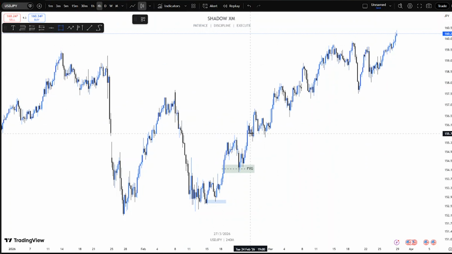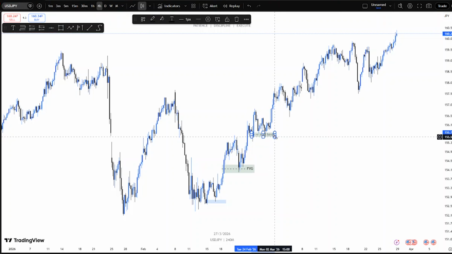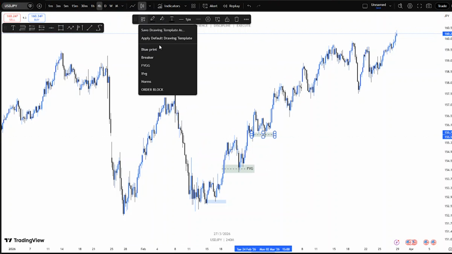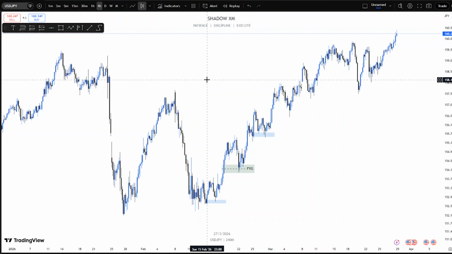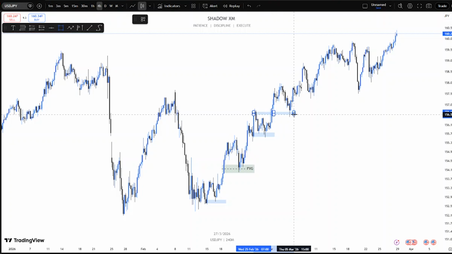We have this other block here. We have this other block here, right? We also have this breaker block here. We have another order block.